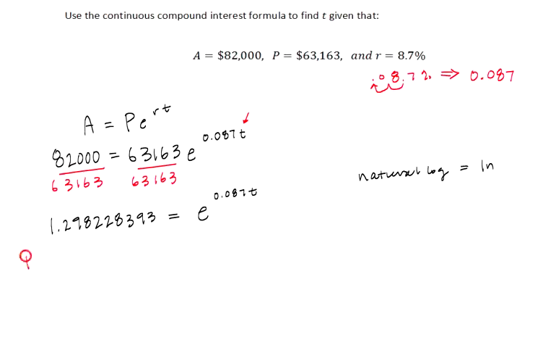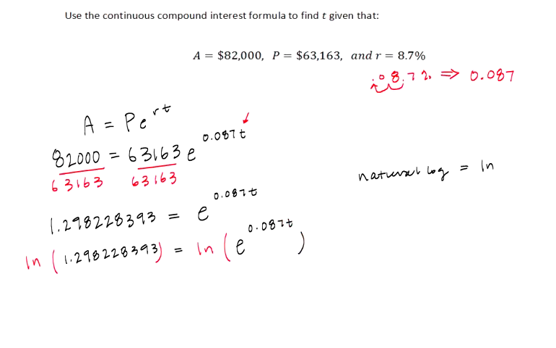We're going to natural log the left-hand side, 1.298228393, and we're going to natural log the right-hand side. And so we're going to natural log e to the power 0.087t.